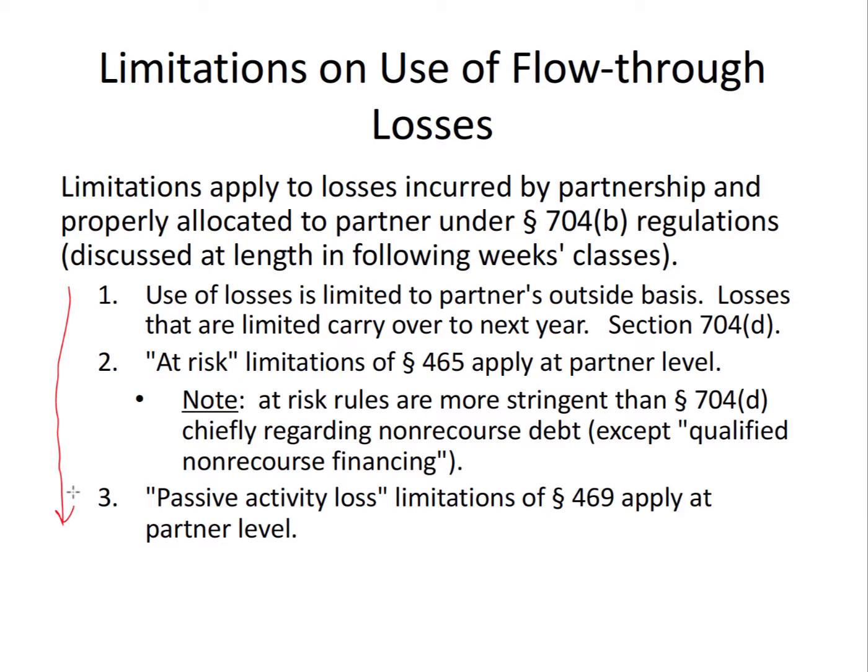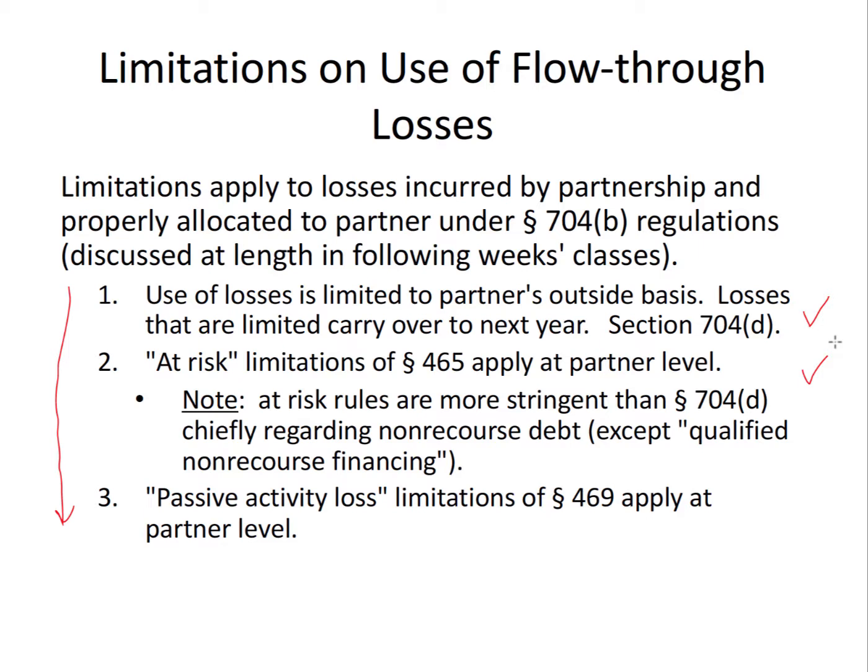All right, so once we go through the Section 704(d) limitation that says that losses are limited to the outside basis, the next step down the process, or waterfall if you will, is to consider the Section 465 at-risk limitations. Again, I have another video on the Section 465 at-risk limitations. I strongly recommend looking at that, but that's the next stop.